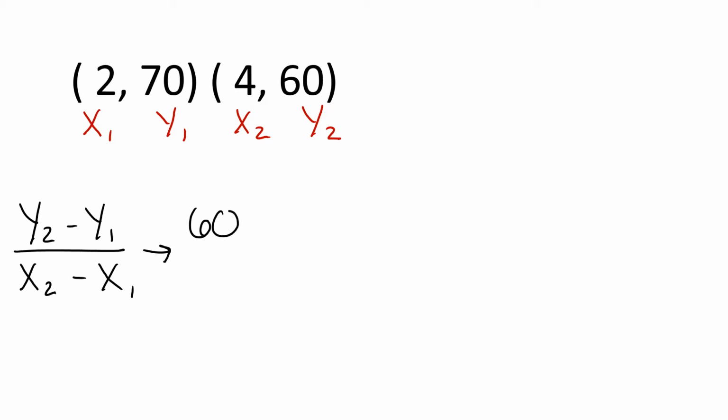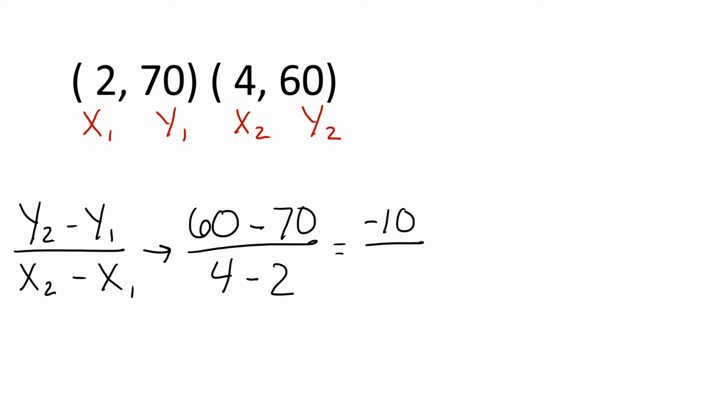The y2 value is 60 minus the y1 value is 70. The x2 value is 4 minus the x1 value is 2. 60 minus 70 is -10. 4 minus 2 is 2. -10 divided by 2 is -5. We have the slope, -5.